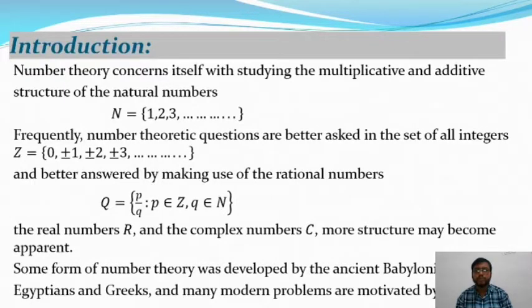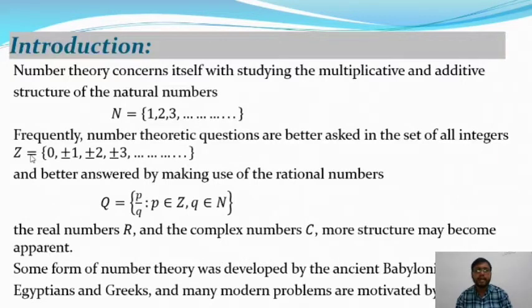The positive integers are known as the natural numbers, and the set of numbers 0, plus minus 1, plus minus 2, plus minus 3 is called the set of all integers. It is denoted by capital Z, and Z is equal to {0, plus minus 1, plus minus 2, plus minus 3 and up to infinity}. This collection of numbers is called the set of integers.